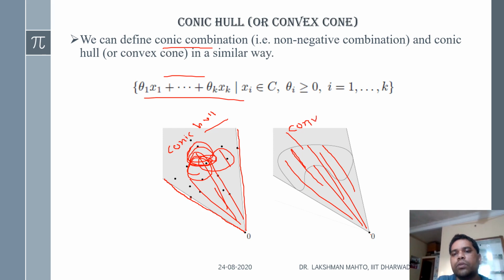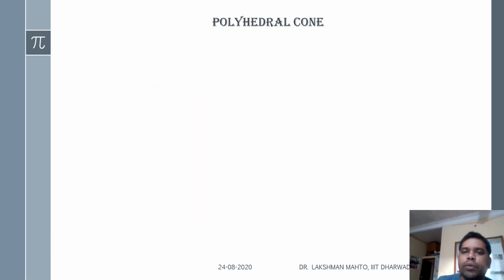So it is a convex cone, another convex cone. So you can say that convex cone and conic hull are both the same.